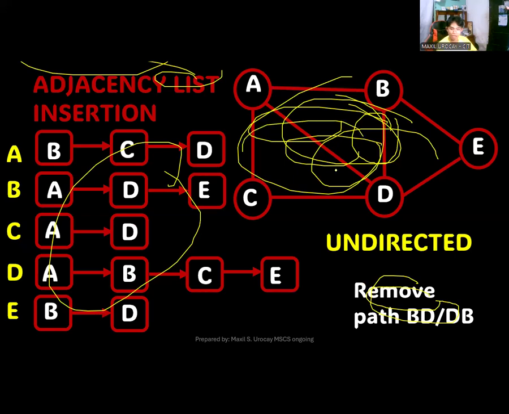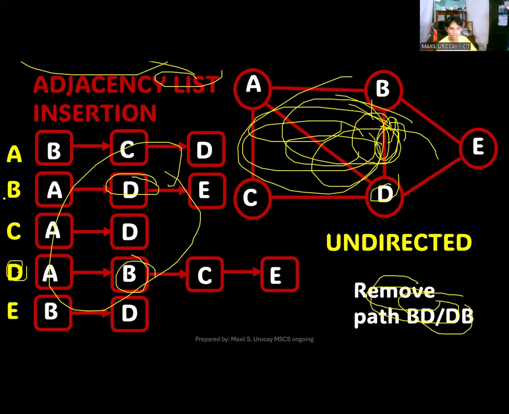For that particular graph, you want to remove the BD or DB path. Since that is here, you will remove that. Since B is adjacent to D, you will remove D here, and since D is adjacent to B, you will remove B here.